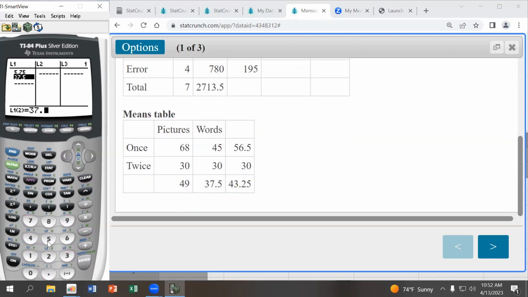That is 37.5 minus 43.25. Good. Press start, over to one last part.